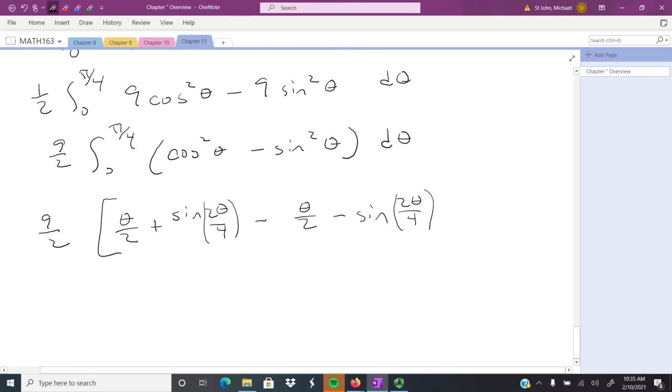And then this is evaluated from 0 to pi over 4. Well, you see that the theta over 2's go away, and sine 2 theta over 4 minus a minus sine 2 theta over 4 is going to give me 2 sine 2 theta over 4, 0 to pi over 4. And then we have our 9/2 out front.